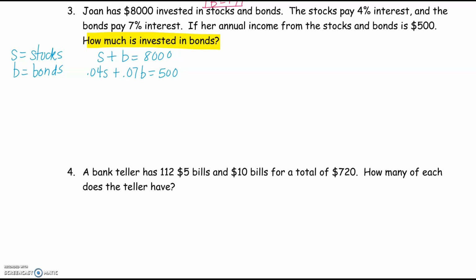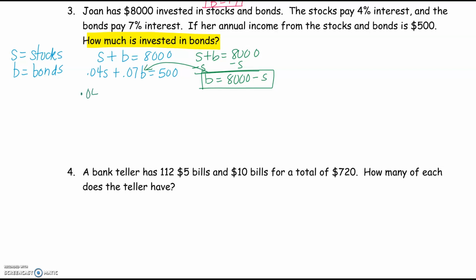All right, so I get S plus B equals 8,000. If I subtract S, I get B equals 8,000 minus S. All right, so now wherever there's a B, I'm going to replace it into the second equation.